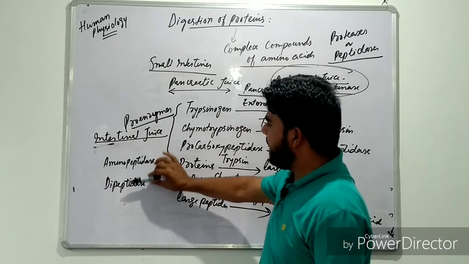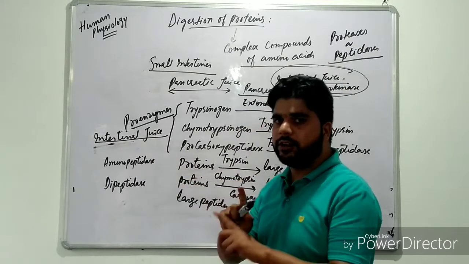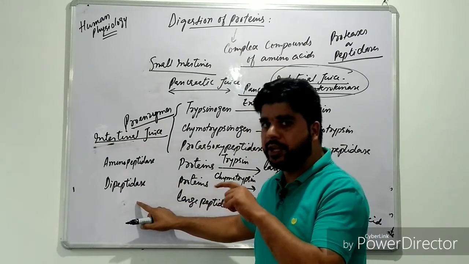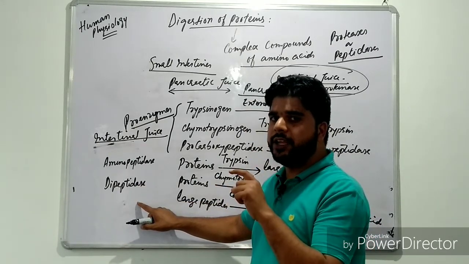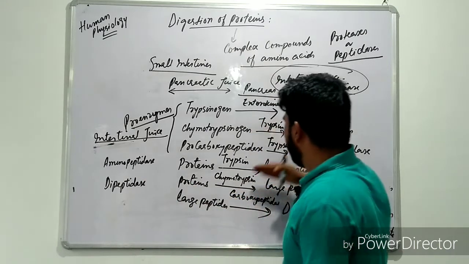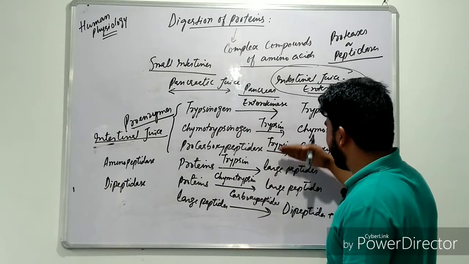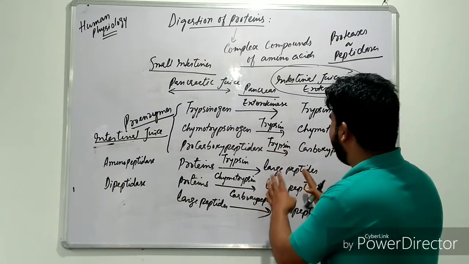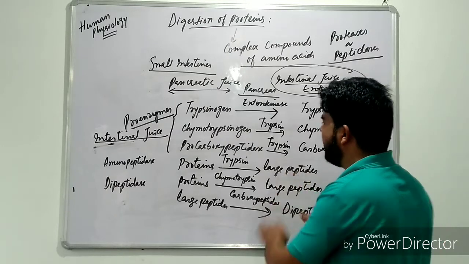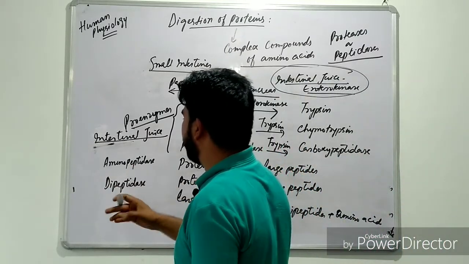But you have to remember that aminopeptidase and dipeptidase are not proenzymes. These are the active enzymes, so we don't need to activate them. They are already in the activated form. Whatever large peptides have not been converted into dipeptides and amino acids will be acted upon by aminopeptidase.